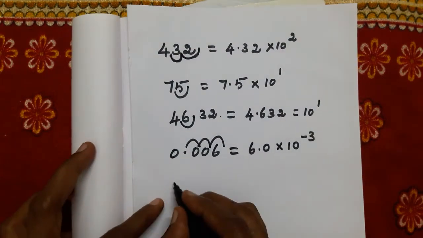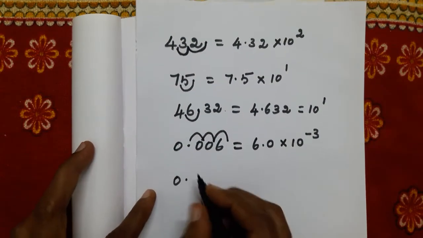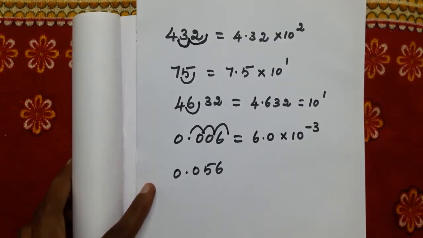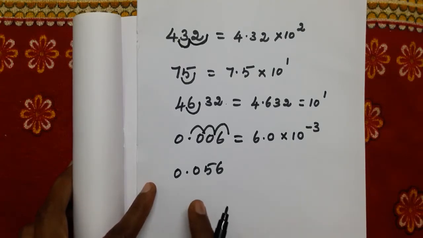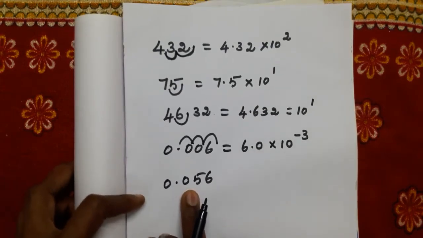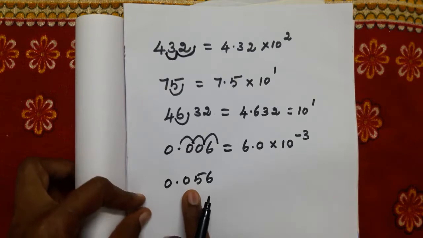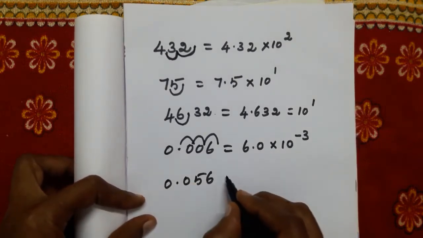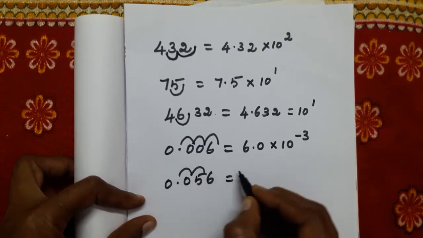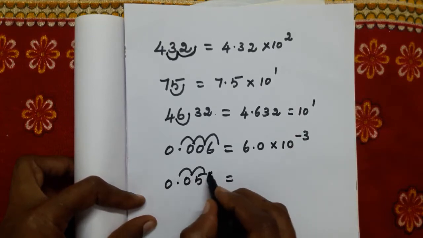Next, 0.056. How can we write this number in scientific notation? Before the decimal point, only one non-zero digit should be there. So we have to move the decimal point 1, 2, two digits.